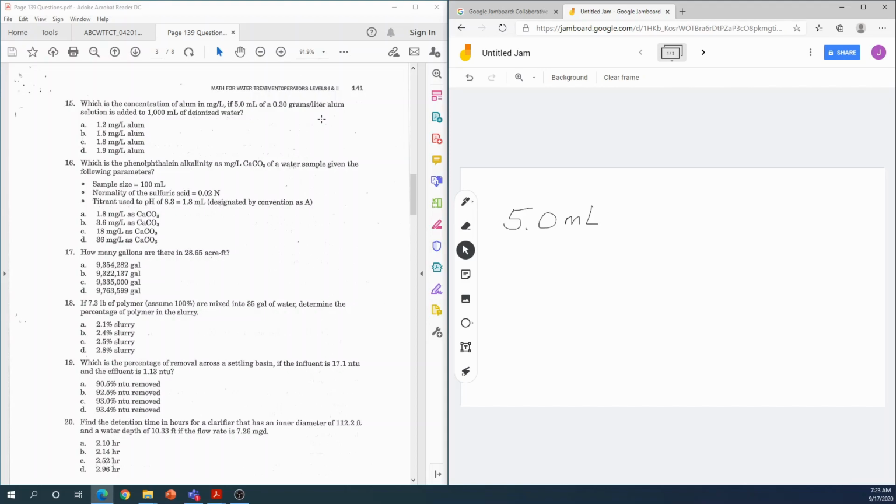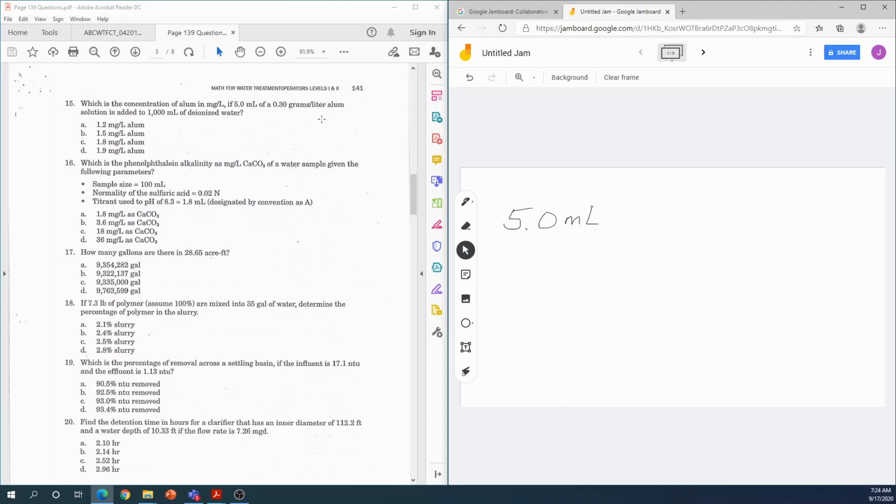So let's get our units to match. So we start with milliliters. Oh, let's back up here. We have 5 milliliters of a 0.30 grams per liter aluminum solution added to 1,000 milliliters of deionized water. So we have the 5 milliliters.